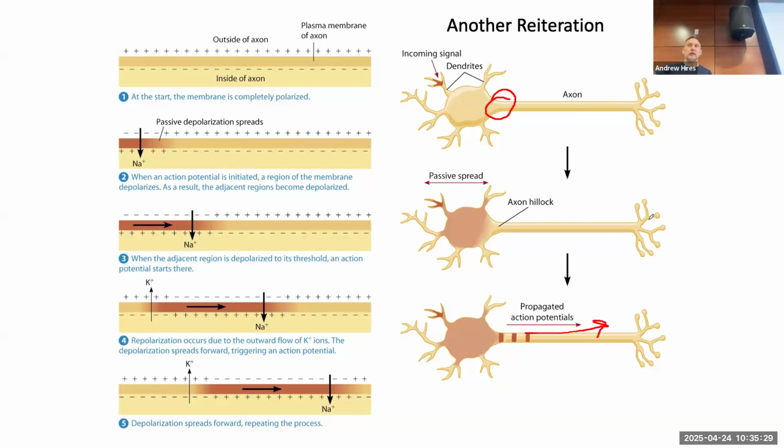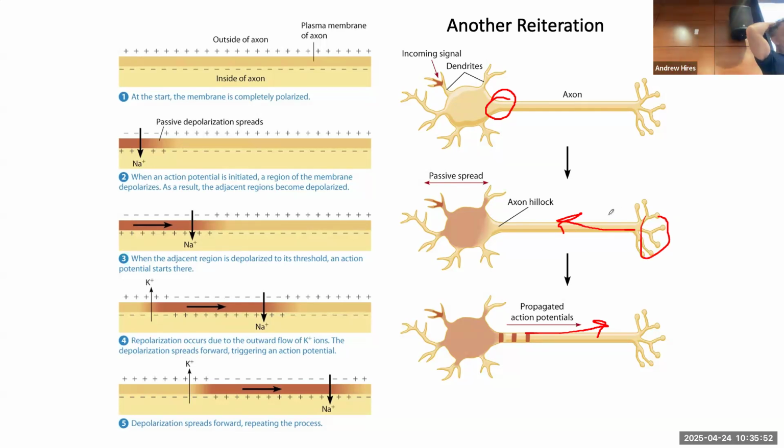If there are voltage-gated sodium channels and they're not inactivated, yes, you can cause an action potential there. So if we somehow cause the depolarization on the tips here, we could actually generate an action potential that would zip backwards, go back this way, because this area would not be inactivated.